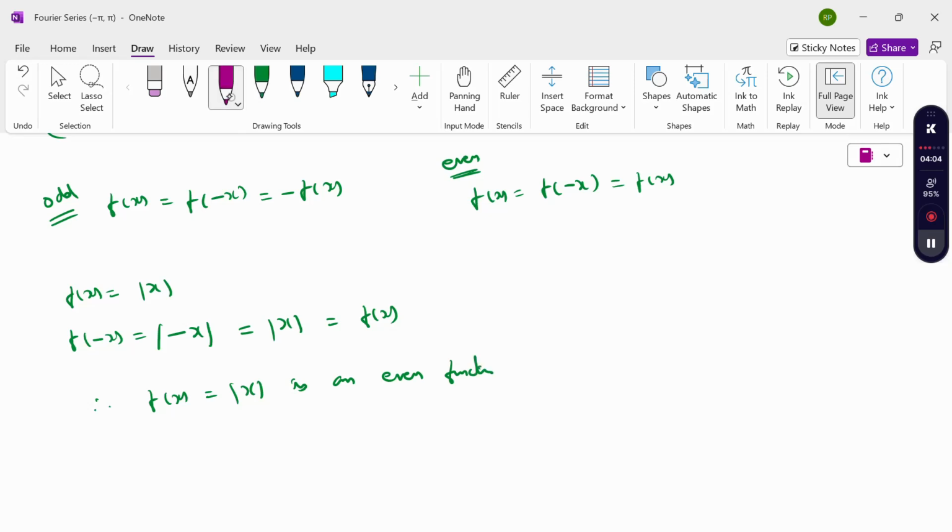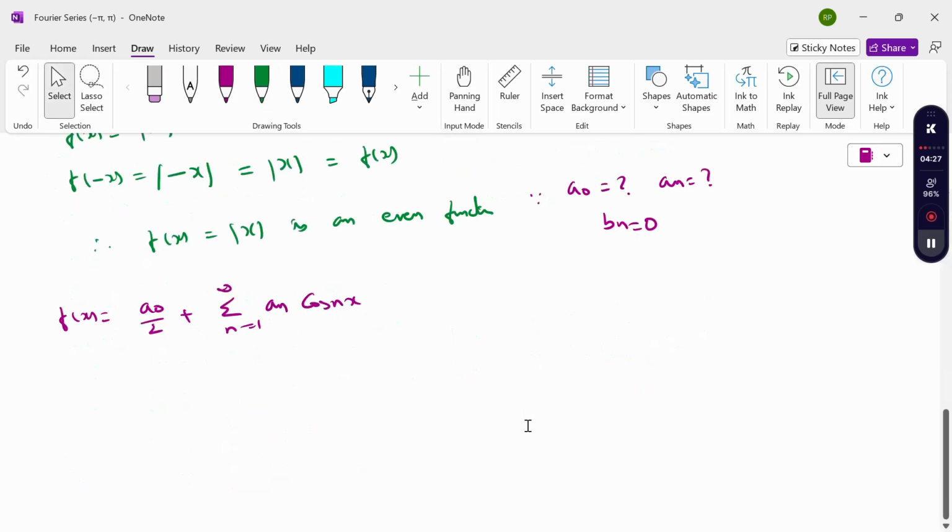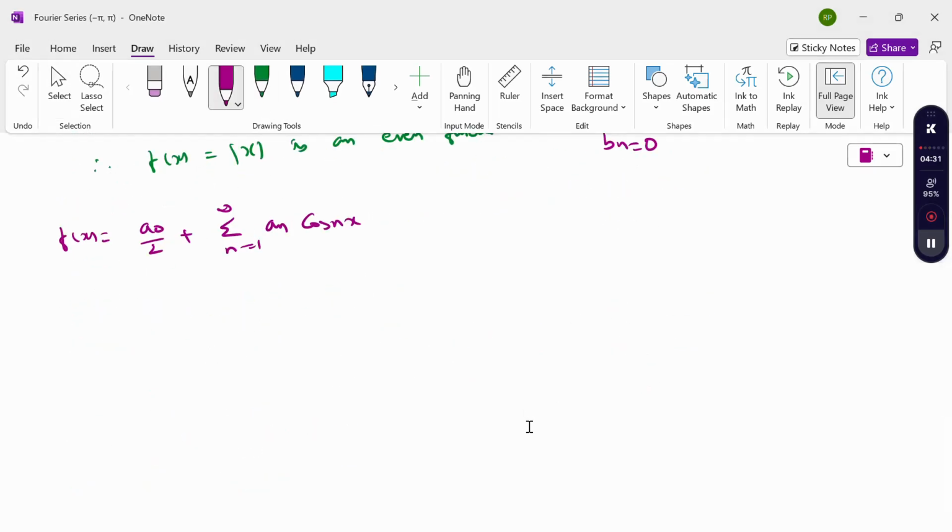So for an even function, what is the formula? f of x equals a naught by 2 plus summation from 1 to infinity a n cos nx, because for an even function b n is 0. Therefore a naught equals 2 by pi integral 0 to pi f of x dx, and a n equals 2 by pi integral 0 to pi f of x cos nx dx.